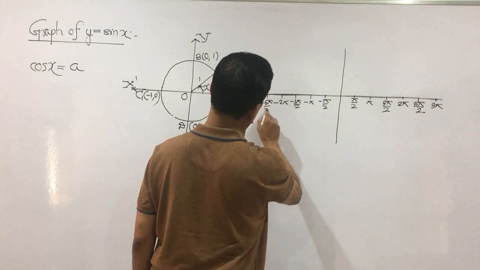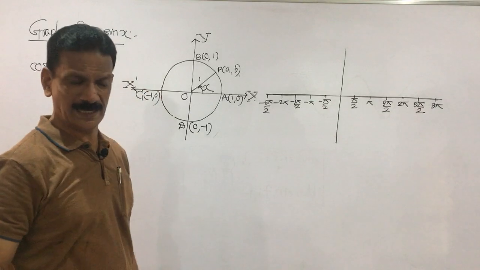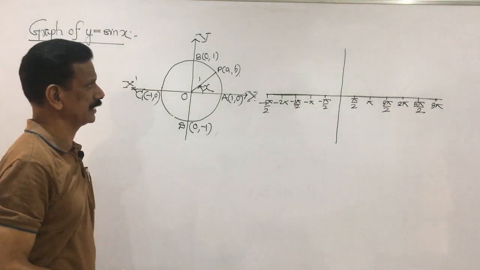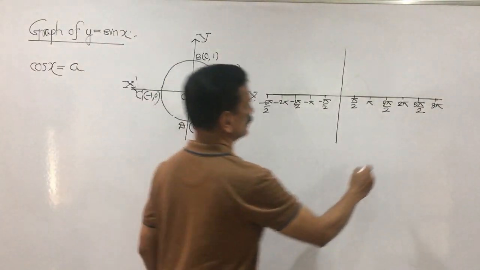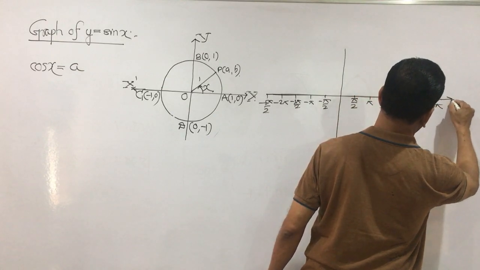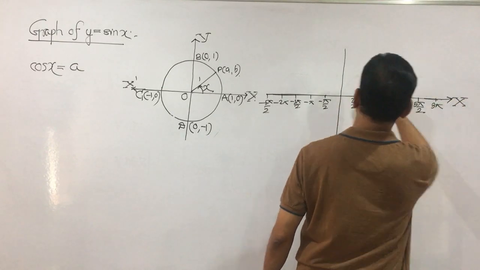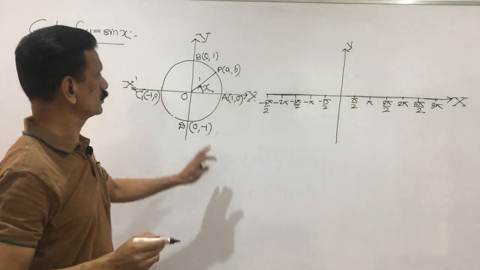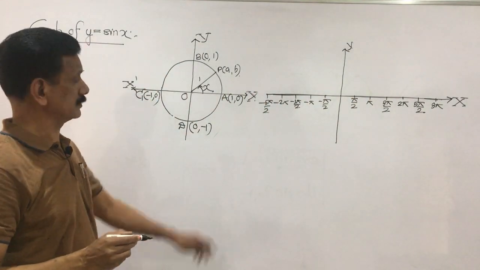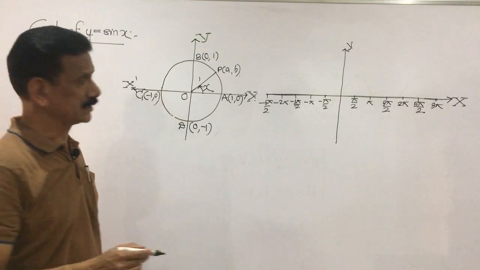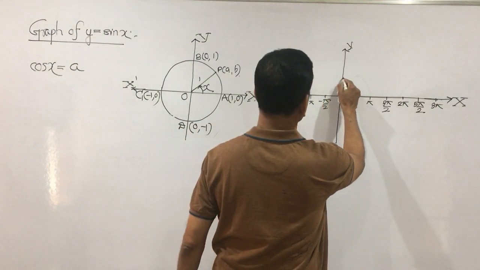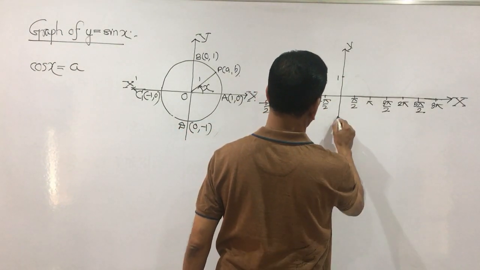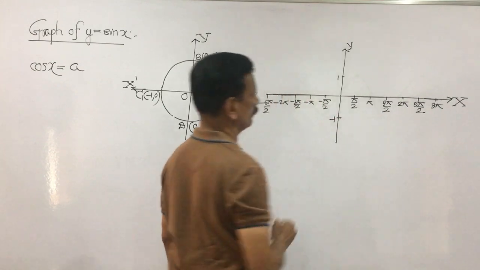Okay my dear friends, next see here, this is your x axis, and this is your y axis, and here also you can see that the value of cos is between 1 and minus 1. So I write here this value is plus 1 and this value is minus 1.